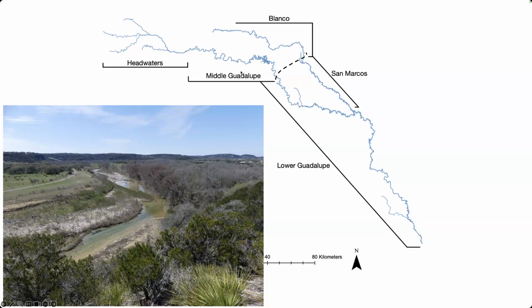The middle Guadalupe experiences a lot of drought and low flows. And then we had the lower Guadalupe, which is basically the entire river below the Balcones Escarpment, which is marked here with a dash. Then, of course, we had the Blanco River and the San Marcos River in our geography blocks.